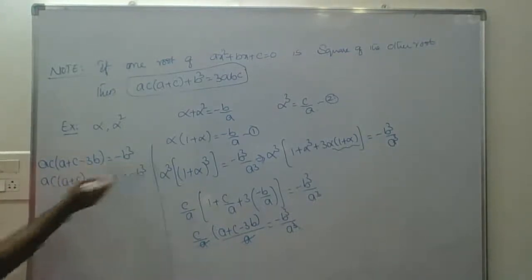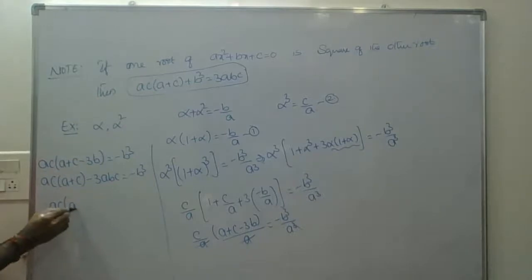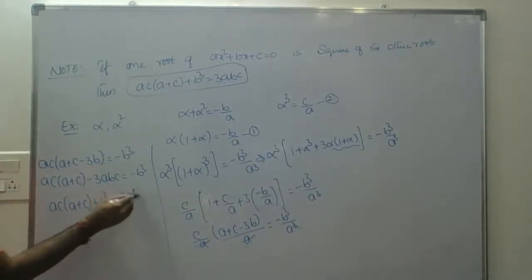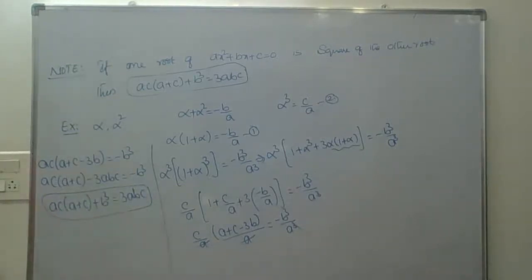Taking b cube to the left hand side: ac into (a plus c) plus b cube is equal to 3abc. It is the condition that one root is the square of the other root.